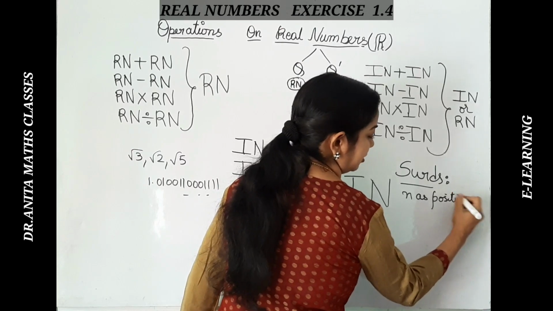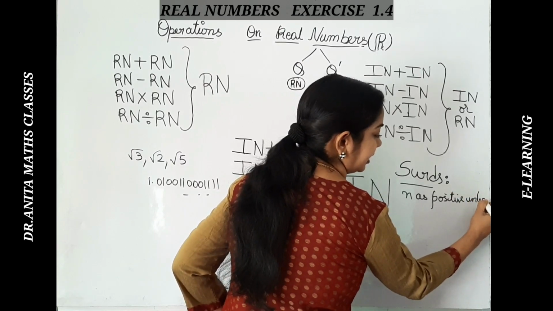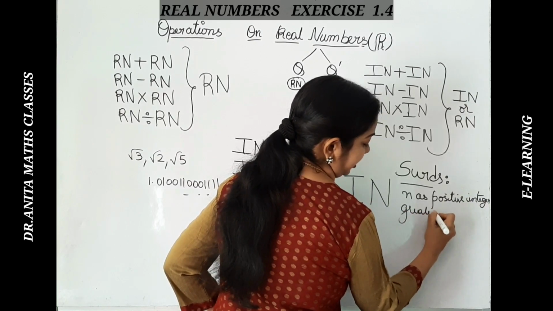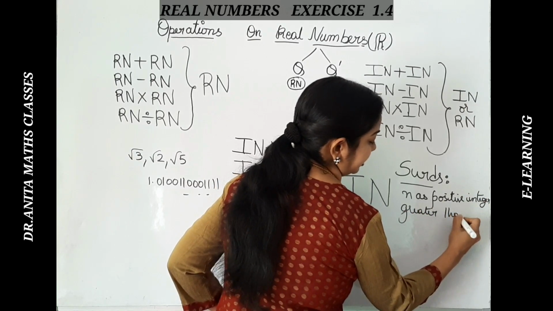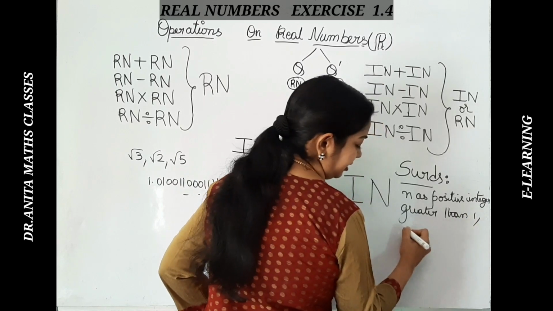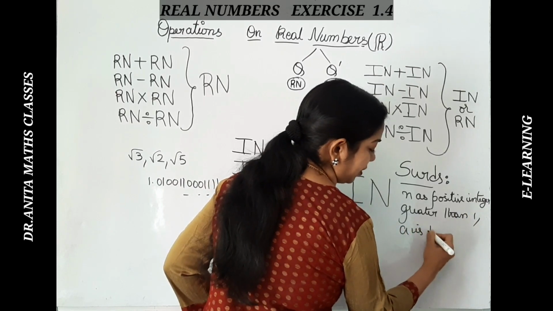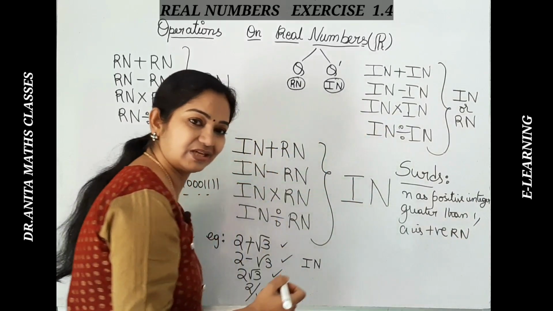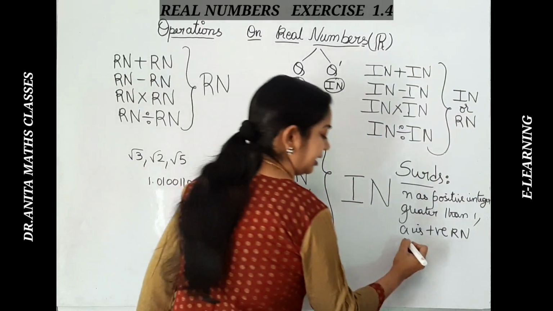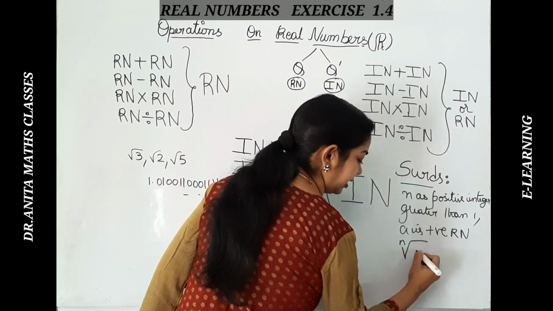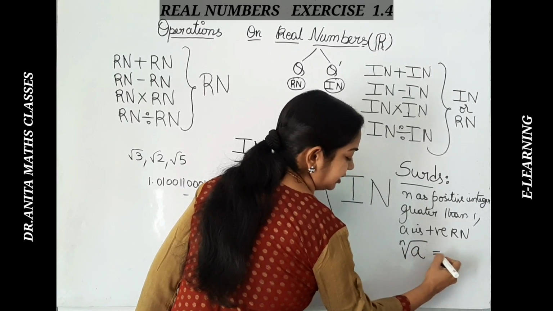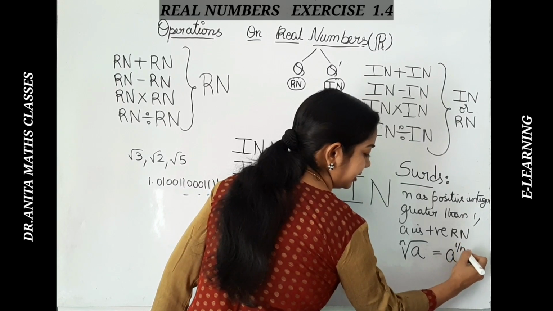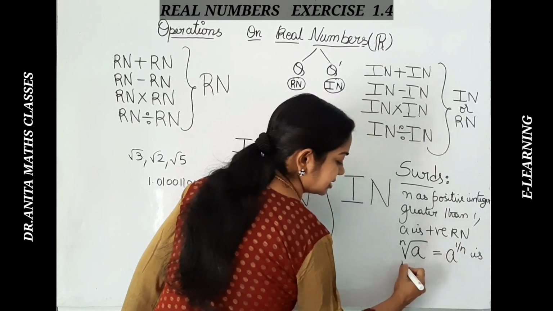If n is a positive integer greater than 1, and if a is a positive rational number, then the nth root of a, or we can write this in the exponential form as a raised to the power of 1 by n, is called a surd.